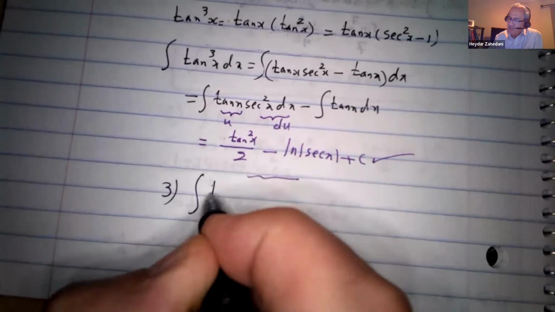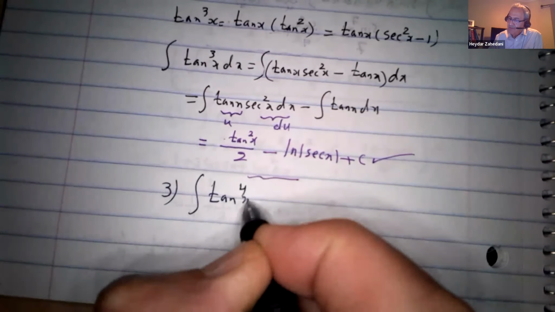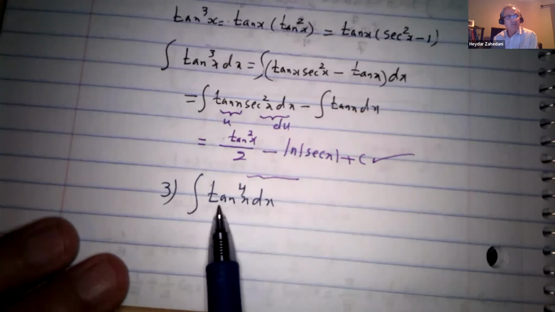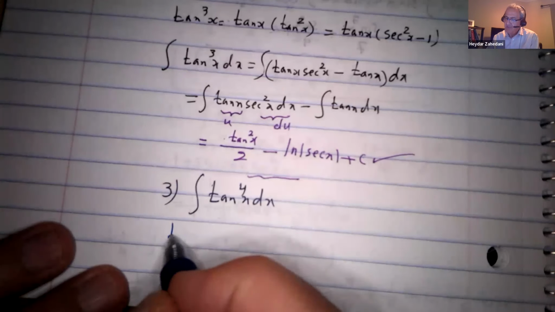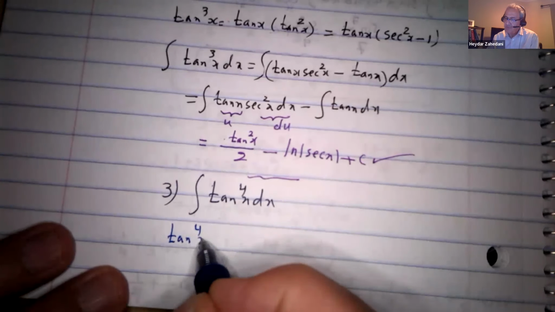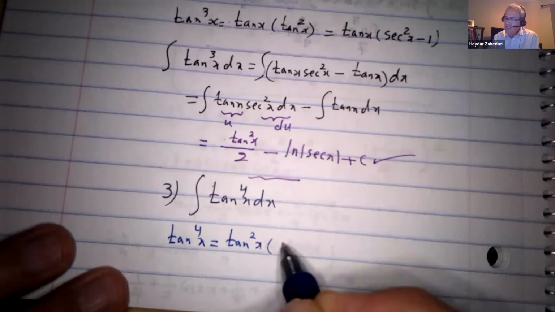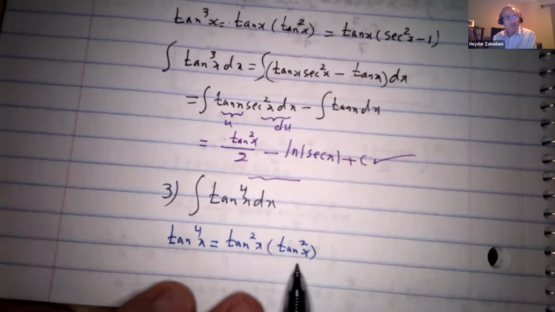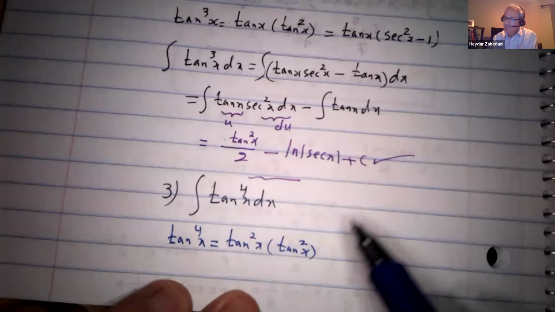How about the tangent to the 4th? Okay, but again, you need the secant square. So pull out the tangent square as we talked about for the other one. You break tangent to the 4th into the tangent square of x times the tangent square. You change this one into the secant square like the other one.